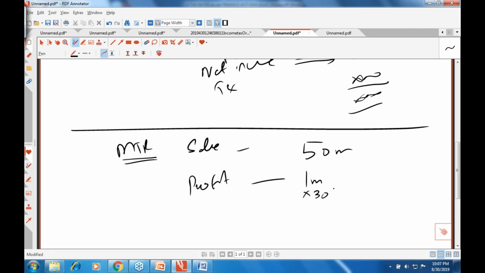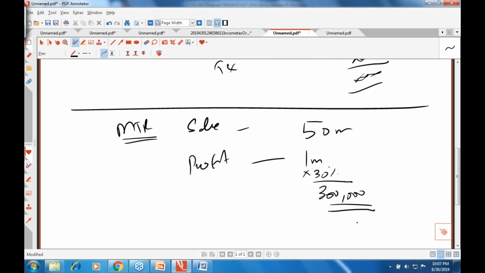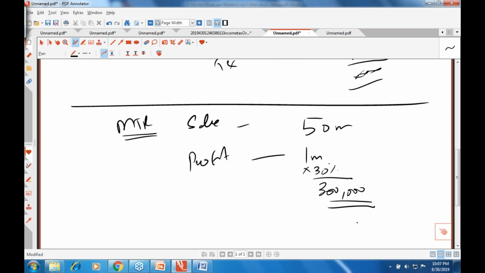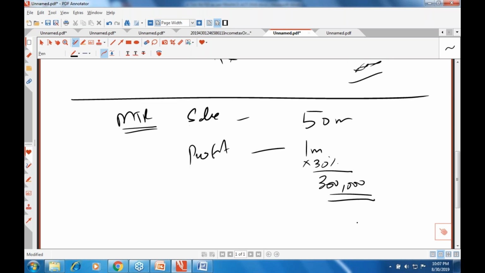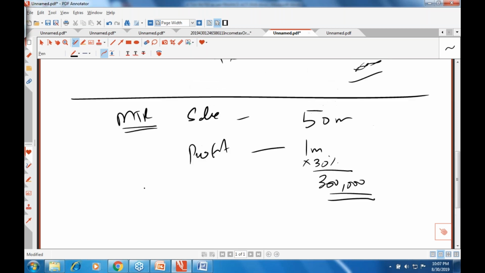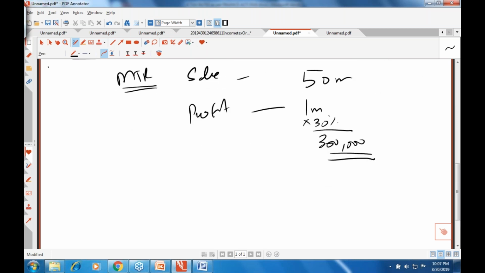On a profit of 1 million, you'll pay tax of 30%, so that would be 300,000 of tax. But your revenue was quite high. Generally the government wants tax to be collected, so in order to ensure that the government is able to collect maximum tax, the government introduced a minimum tax regime.